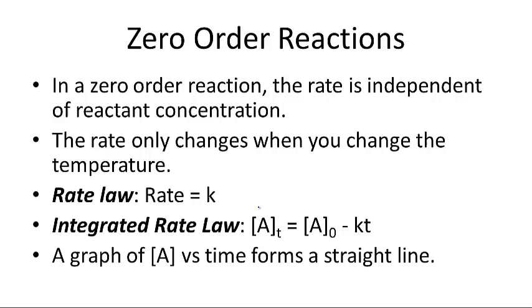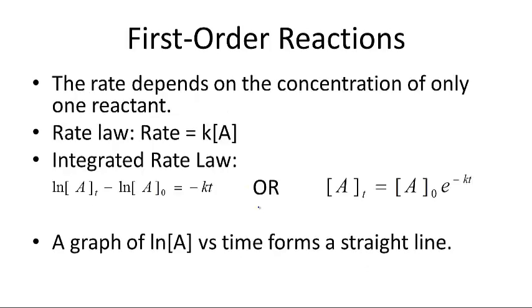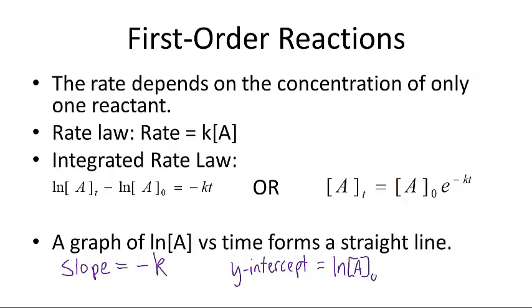A graph of natural log of concentration of reactant versus time will make a straight line. Okay. And the slope will equal negative k, and the y-intercept will equal natural log of the initial concentration.